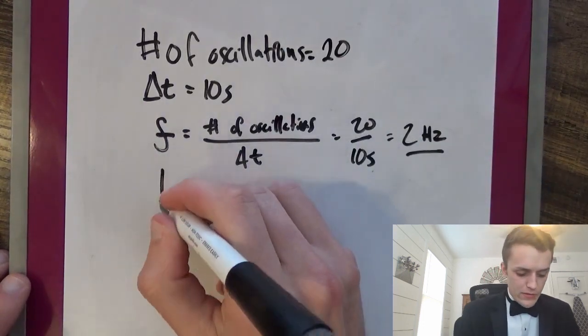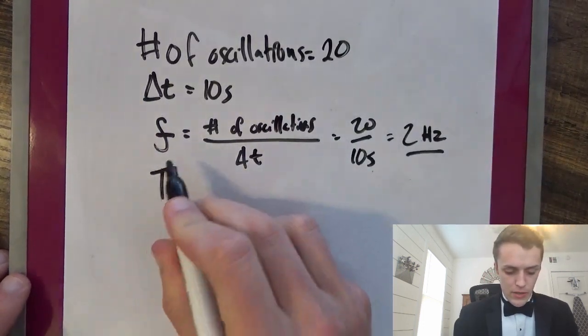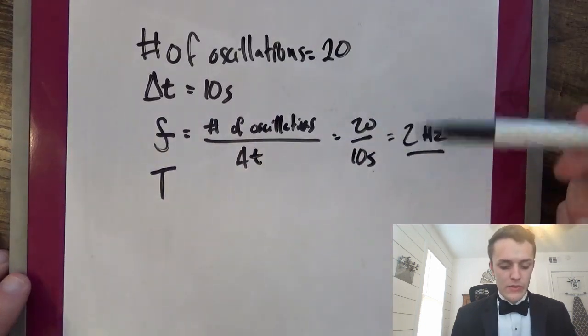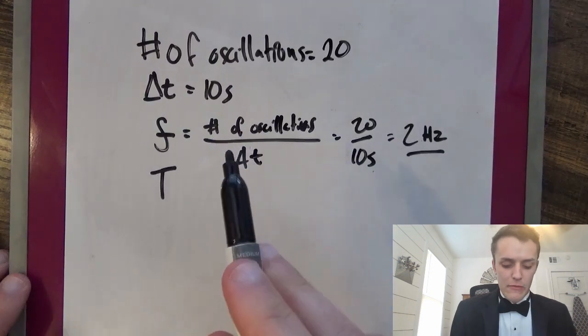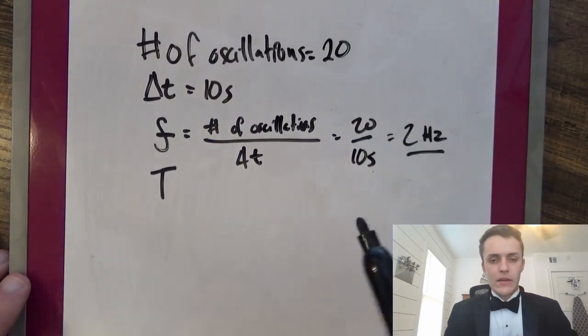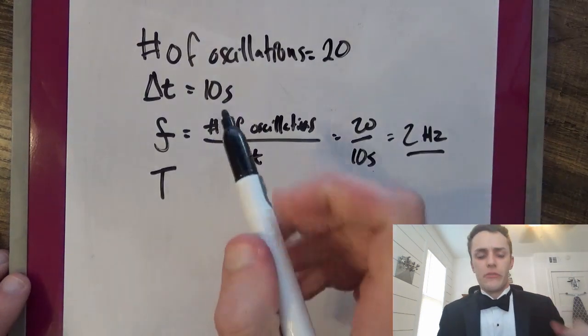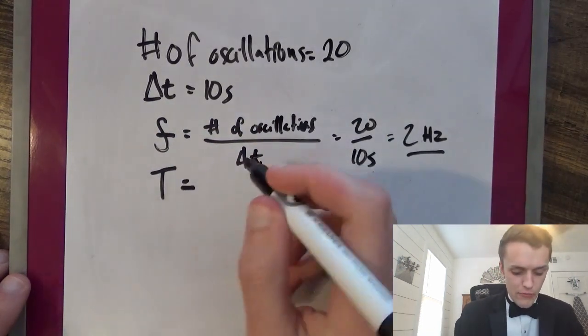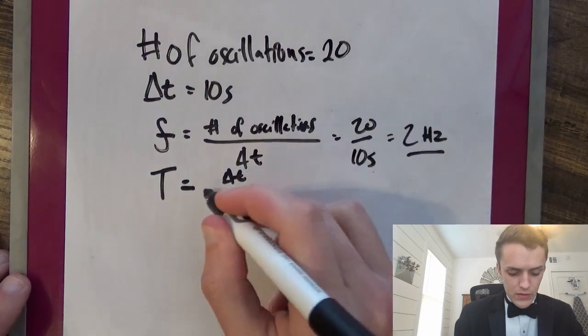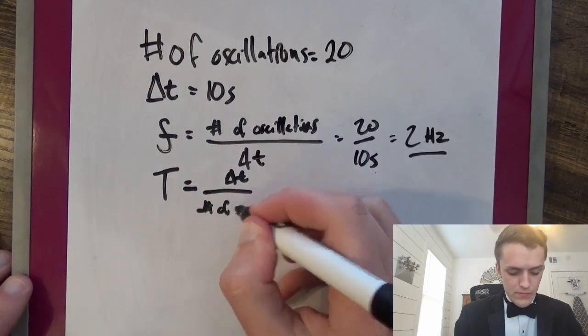The next one is period. Period is capital T. You could remember that frequency is the inverse of period. Period is the inverse of frequency. So you could just find the inverse of this 2 right here. But I'm going to write it out first, and then we'll simplify it later. So if you look back at your notes to the definition, we have time, or delta t, divided by number of oscillations.